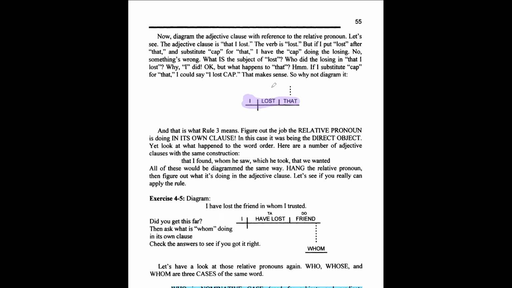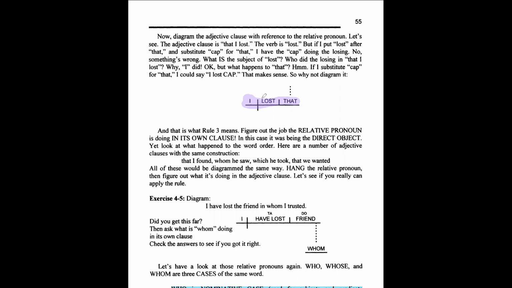But the cap isn't the one doing the losing, the cap is the thing that is lost. No, something's wrong. What is the subject of lost? Who did the losing in that I lost? I did. Okay, but what happens to that? If I substitute cap for that, I could say I lost the cap. That makes sense.